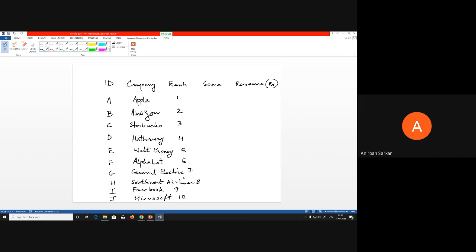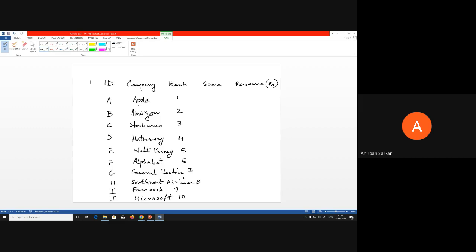Now you can understand that there are 10 companies, US companies, which have been ranked as 1 to 10 on the basis of certain criteria. Maybe say there are 8 criteria which have been used. I'm giving you some hypothetical examples.